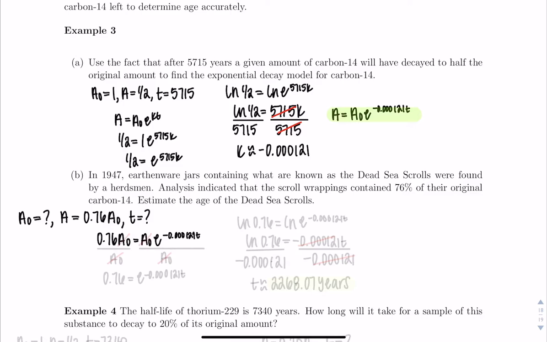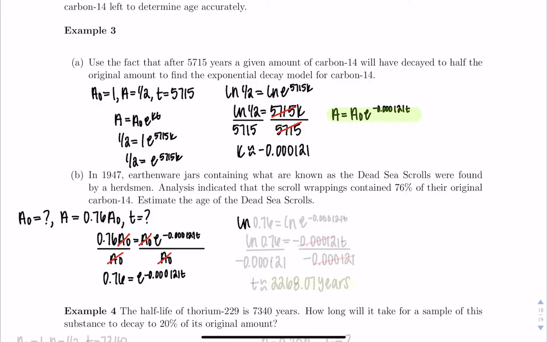Well, when we divide by A naught, the A naughts cancel on the right and the A naughts cancel on the left. So we have 0.76 equals e to the negative 0.000121t.